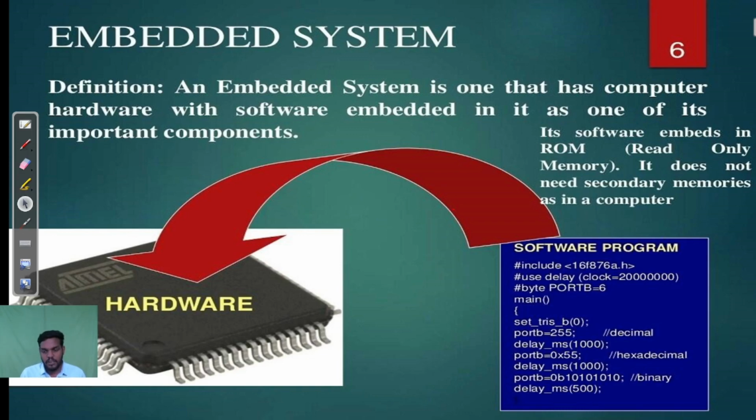Each program is stored in flash memory, an internal storage, and this program is loaded to the particular hardware processor. Then the control unit processes the instructions, and based on the instructions the final output can change. The values can be in decimal, hexadecimal, or binary.